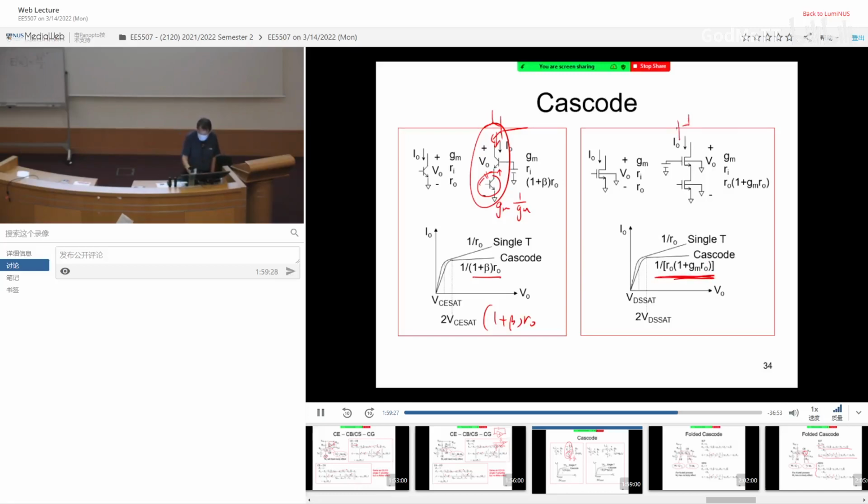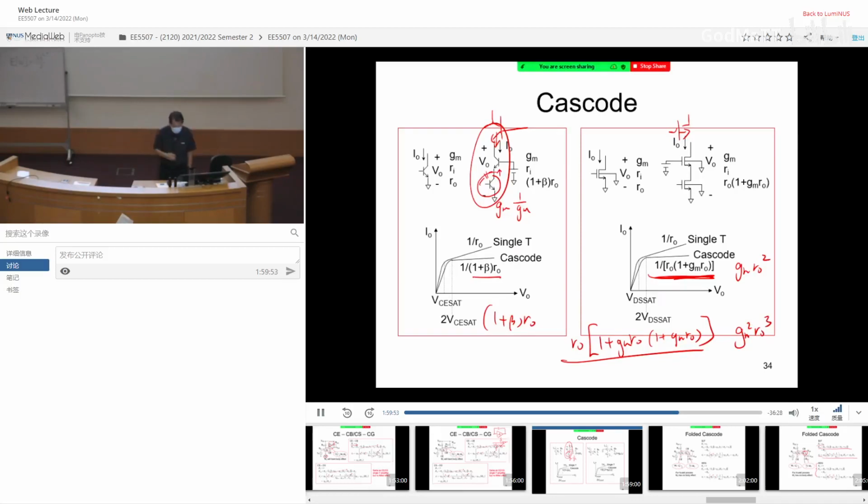So if I put one more, for 2 it is R0 times 1 plus gm R0. For 3 it is going to be R0 times 1 plus gm R0, squared. If this guy is proportional to gm R0 squared, this guy is going to be proportional to gm squared R0 cubed.